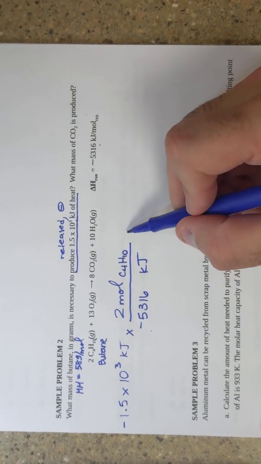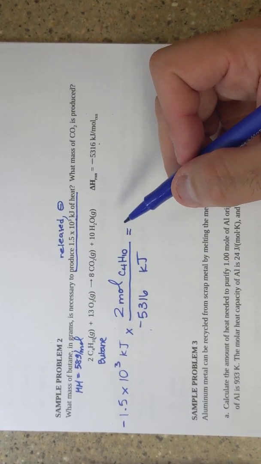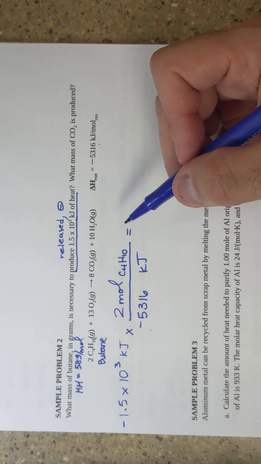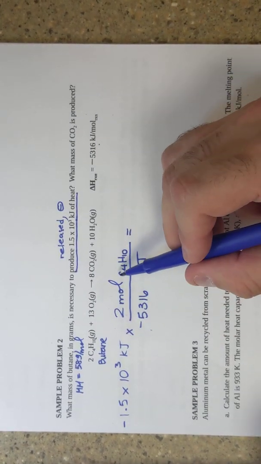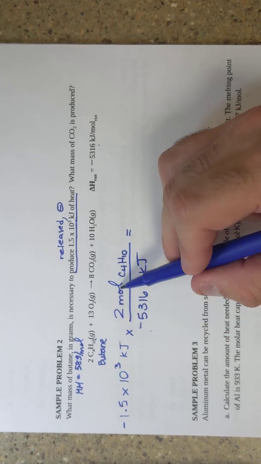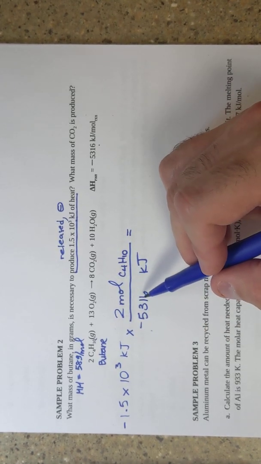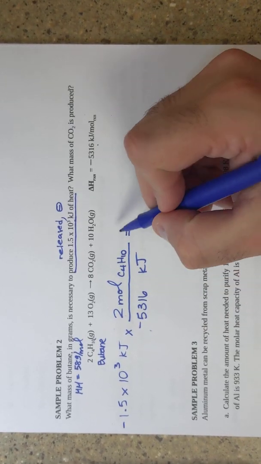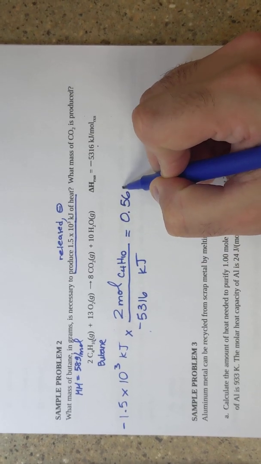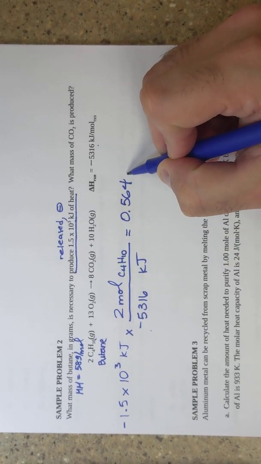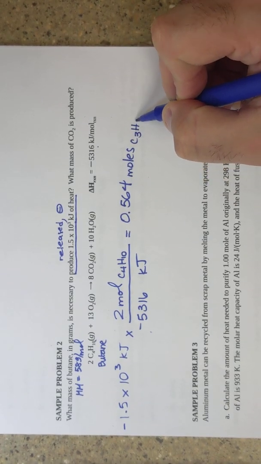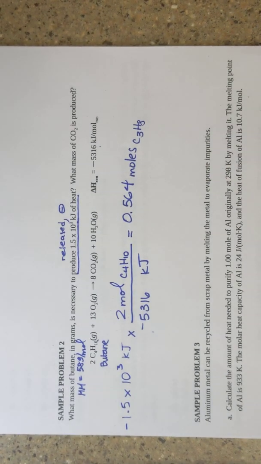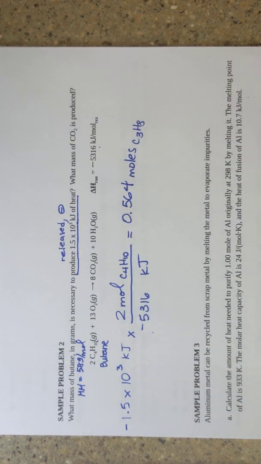So if I do this math, 1.5 times 10 raised to the third, the negatives are going to cancel out. Multiplied times 2, divided by 5316, I get 0.564 moles. I didn't do any sig figs, it doesn't matter. Moles of C4H10. I'm just using 3 decimal places. The question asks for mass.